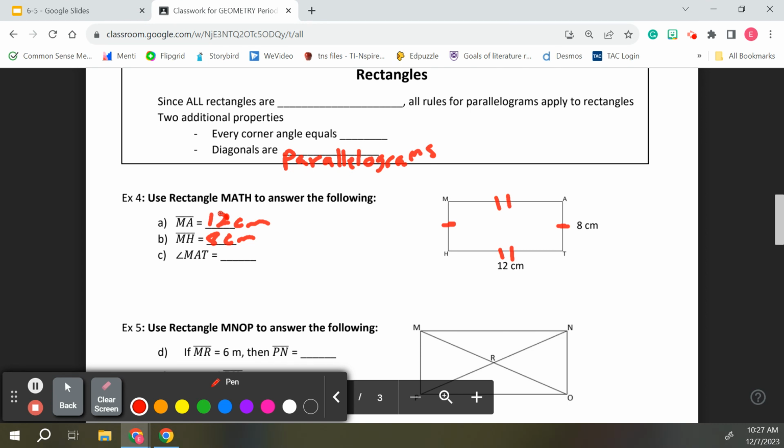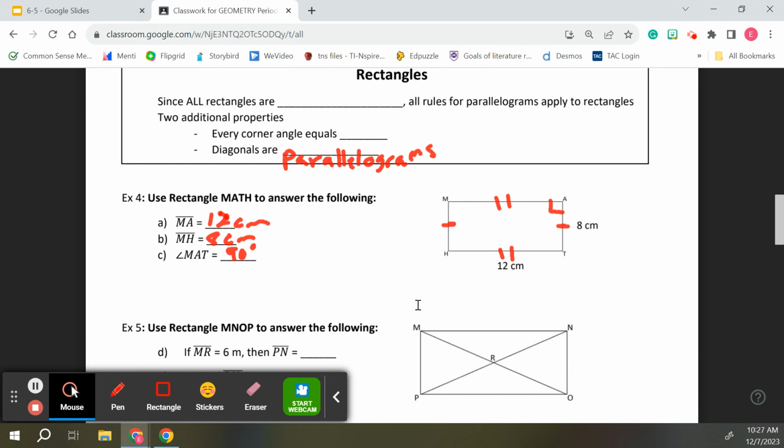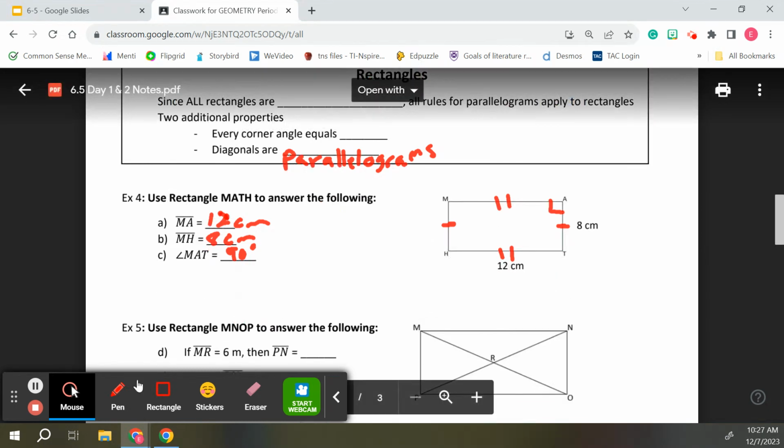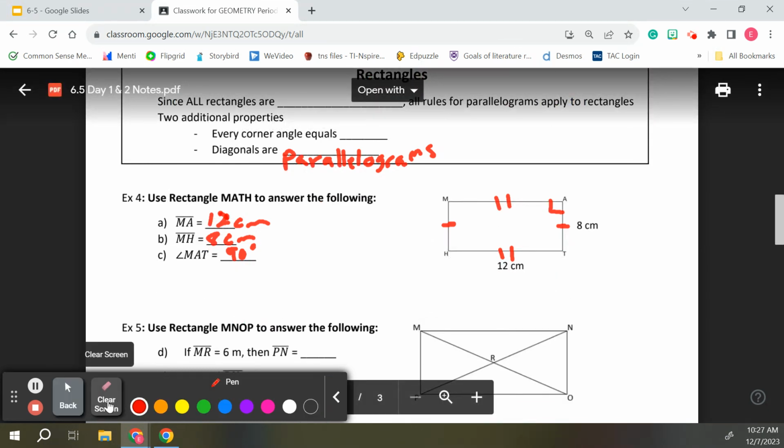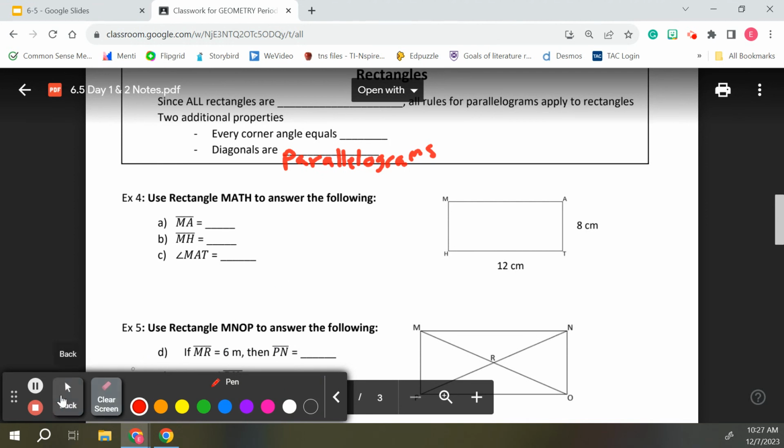And MAT, which is this angle right here, is going to be 90 degrees. Questions on this? Anybody still writing? I don't know why this one's not disappearing. Okay, well, something's definitely weird today.